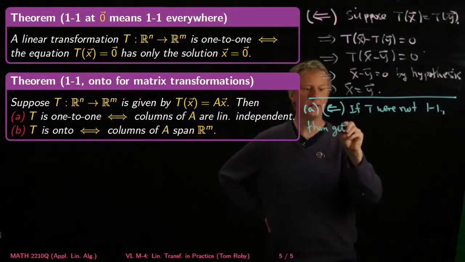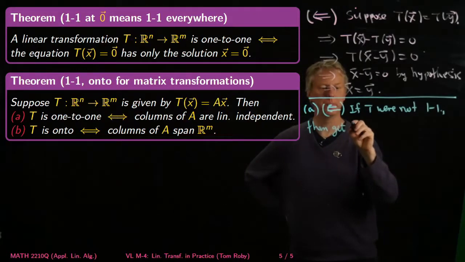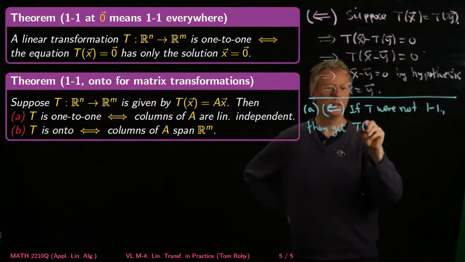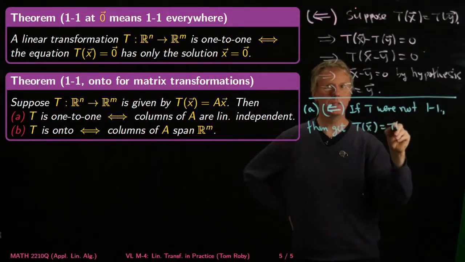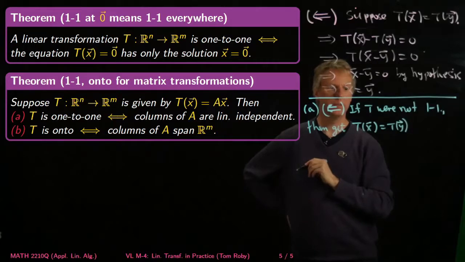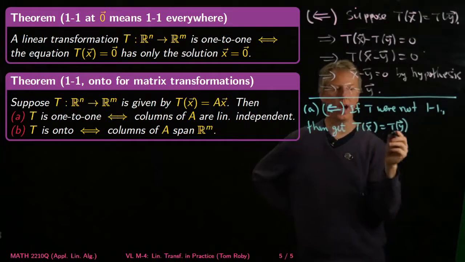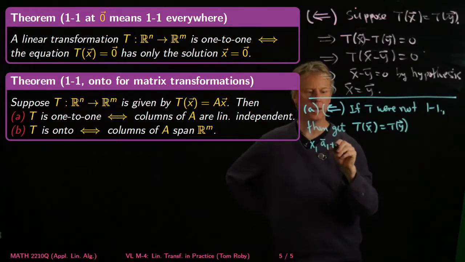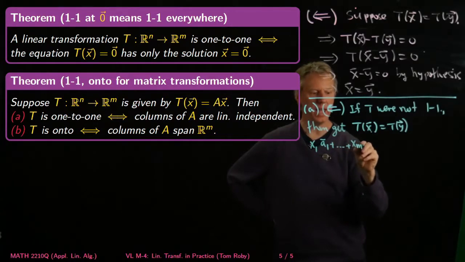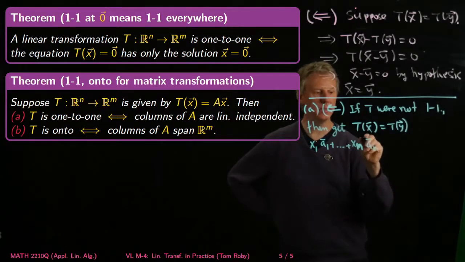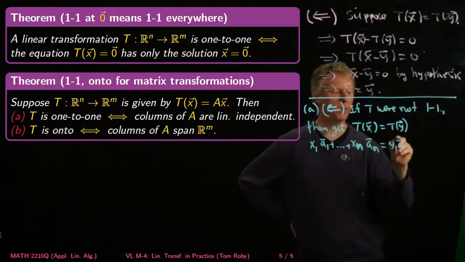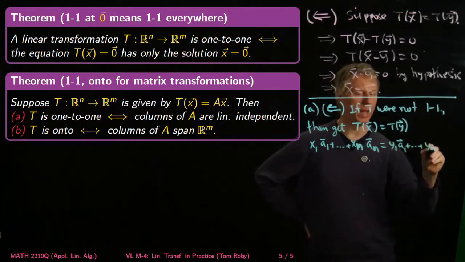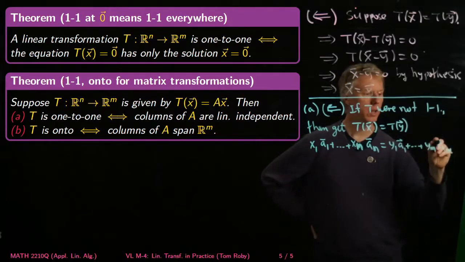then we would get T(x) equals T(y). But what are T(x) and T(y)? This is equal to x1 times the column vector a1 plus ... plus xn times the column vector an is equal to y1 times the column vector a1 plus ... plus yn times the column vector an.